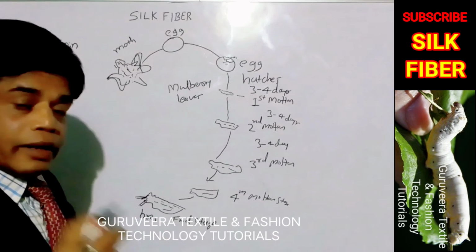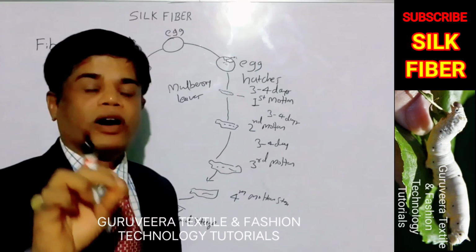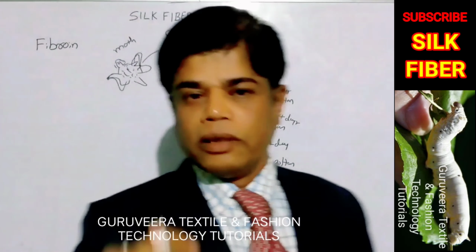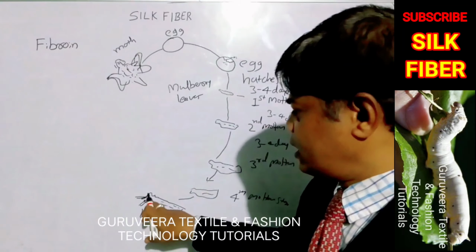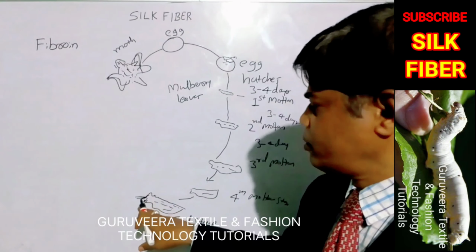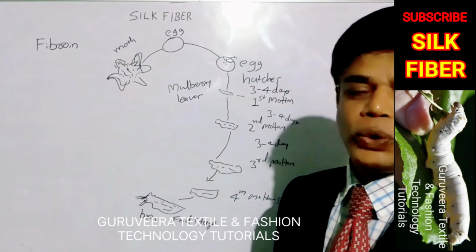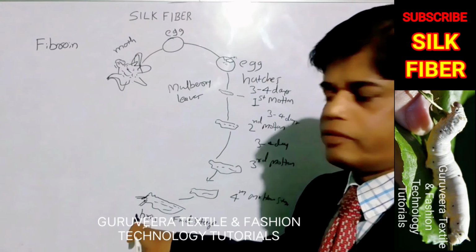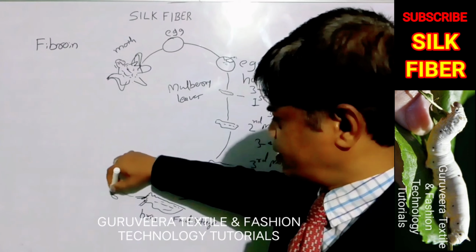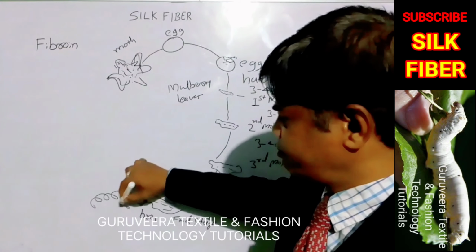The liquid form of the fibroin, produced in the gland of the silkworm, is forcefully extruded out through the spinneret, that is the brains, in the form of filament.